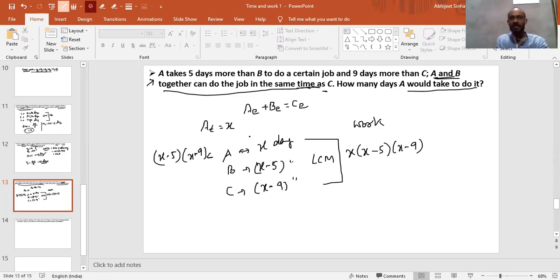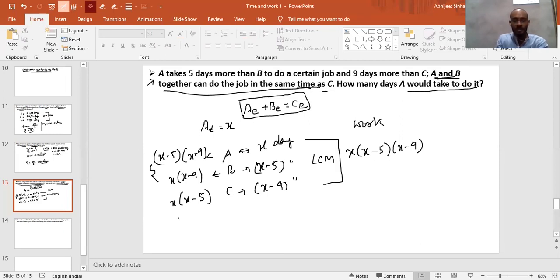Guys, I can calculate this in less time, but we just need to check what the process is. So if we divide by X minus 5, we get X into X minus 9. If you divide it by X minus 9, you will get X into X minus 5. Now, if you combine these two efficiencies, this is the efficiency of A, this is B, and the sum should equal this, because it is mentioned that when A and B together complete the work, C will take the same time as A and B took.